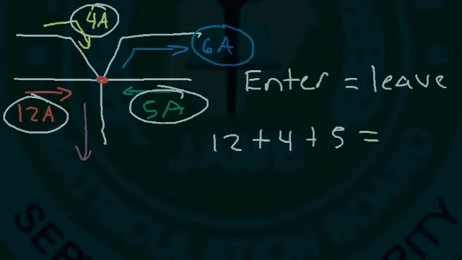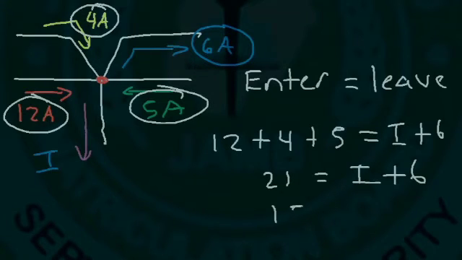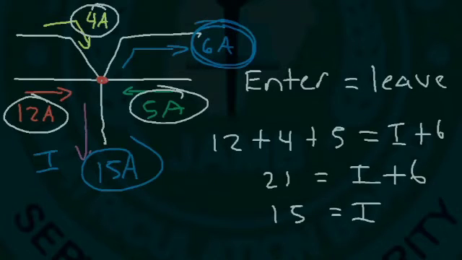We have the 6 amp current, it leaves it, and the missing current, which we'll call I. So I plus 6 leaves the center point. So 12 plus 4 is 16, 16 plus 5 is 21, and 21 minus 6 is 15. So therefore that's the missing current. 15 amps leaves the junction. So as we can see, 15 and 6 is 21, and 12, 4, and 5 also adds to 21.